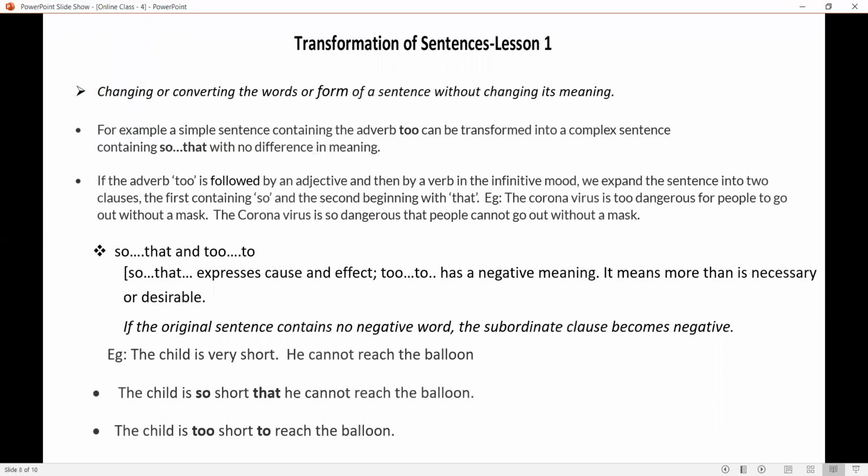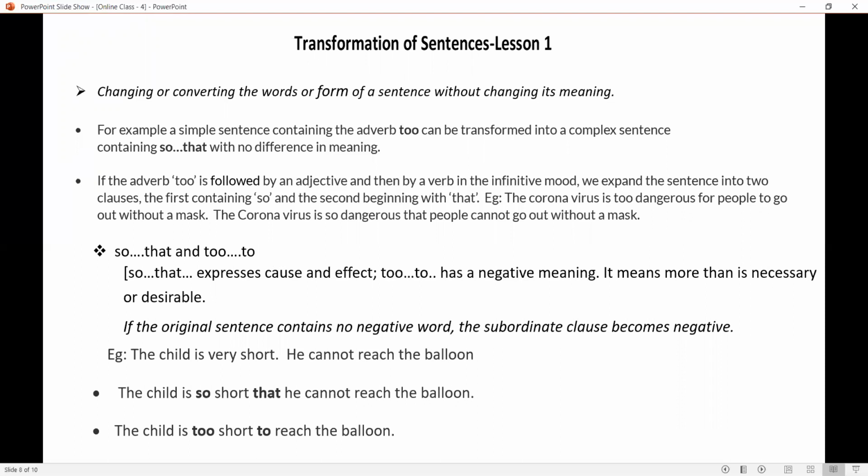Now, today I'm going to start a new segment, that is transformation of sentences. This is lesson 1. What is meant by transformation of sentences? It means changing or converting the words or form of a sentence without changing its meaning. Without altering the meaning, you have to change the form of a sentence.